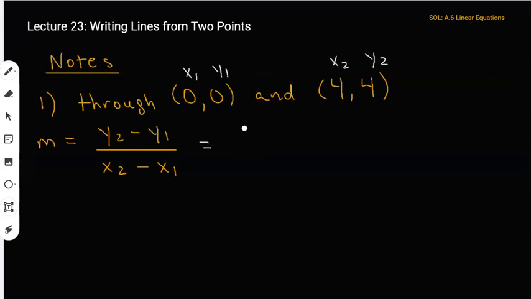y2 is going to be 4. y1 is going to be 0. So on top, I'm going to have 4 minus 0. And then at the bottom, I need the x values. My x values are going to be x2, which is 4, minus my first x value, which is 0 right here.